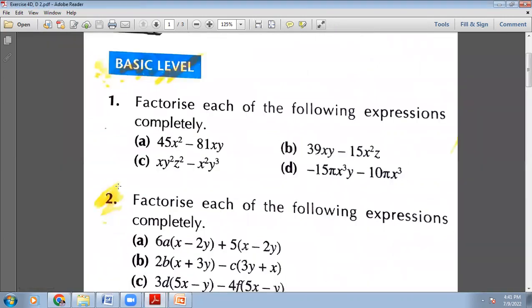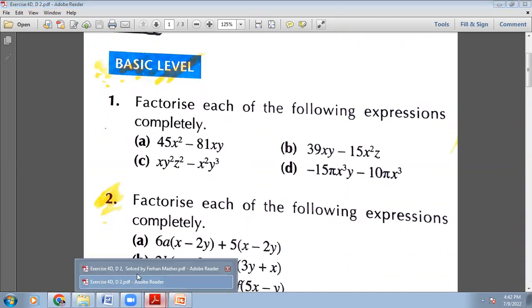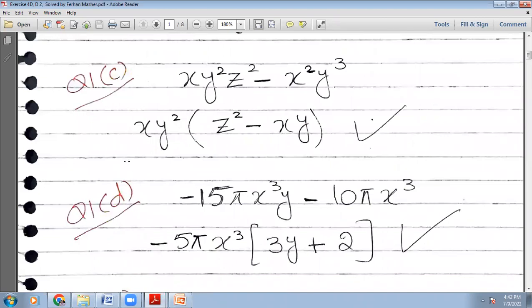Question number 1, C part. xy squared z squared minus x squared y cubed. Okay, so here you can see x is common. If an alphabet is common, we take the smaller power common.